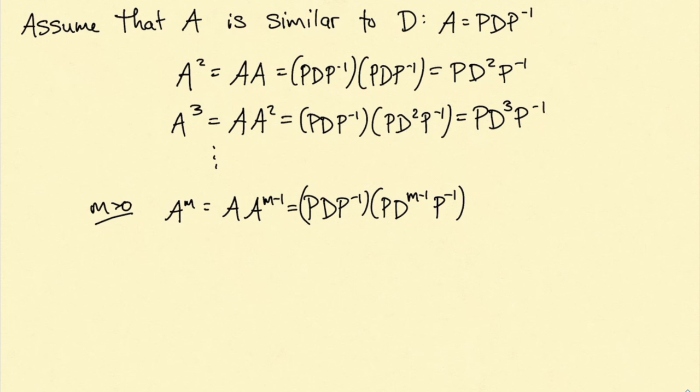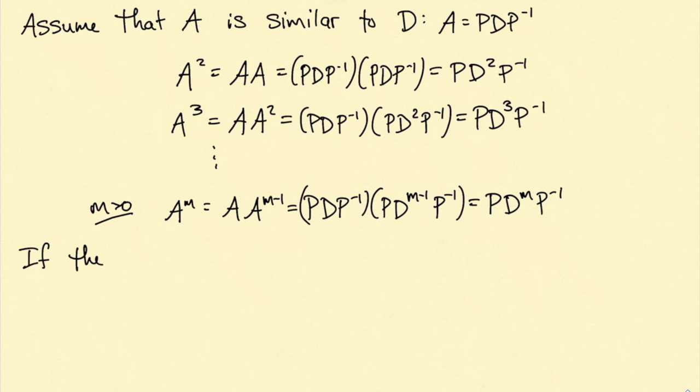And just like going from the case where we computed A squared to A cubed, we cancel the P's, combine the D's, and we get P D to the m P inverse. So here we see that if our matrix is diagonalizable, then it's almost as easy to compute powers of A as it is to compute powers of D.